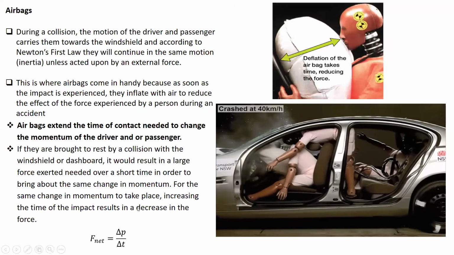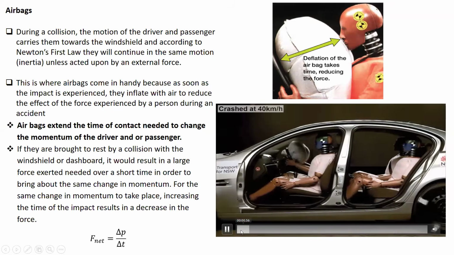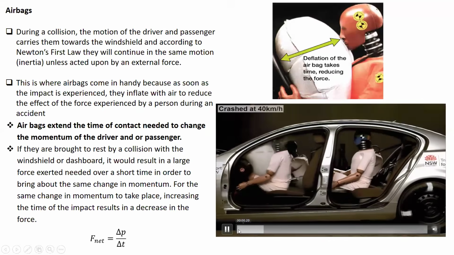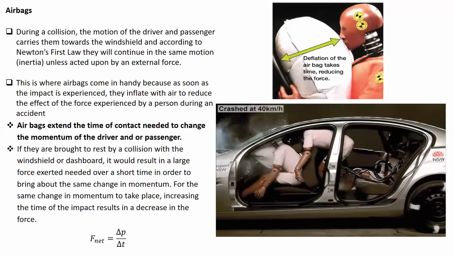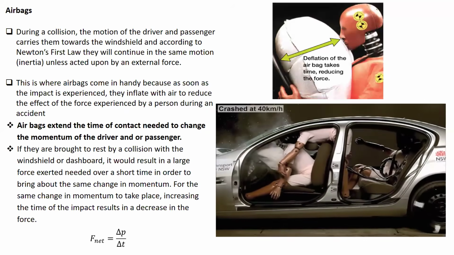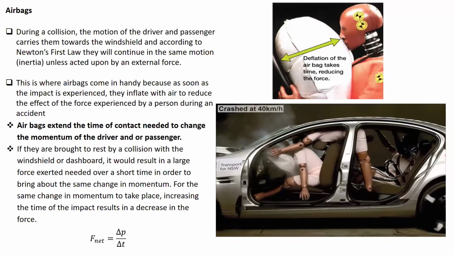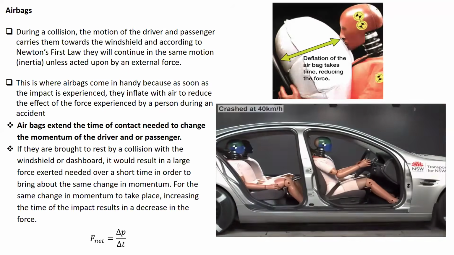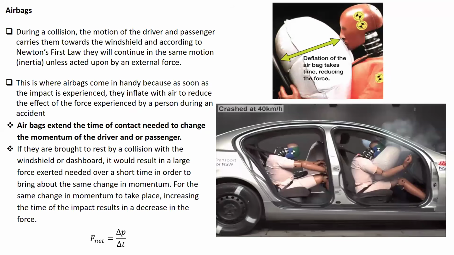So the airbag is exerting a force on that particular person and is exerting the force over a long period of time. So the airbag extends the time of contact needed to bring about a change in the momentum of the object, of the driver or the passenger.